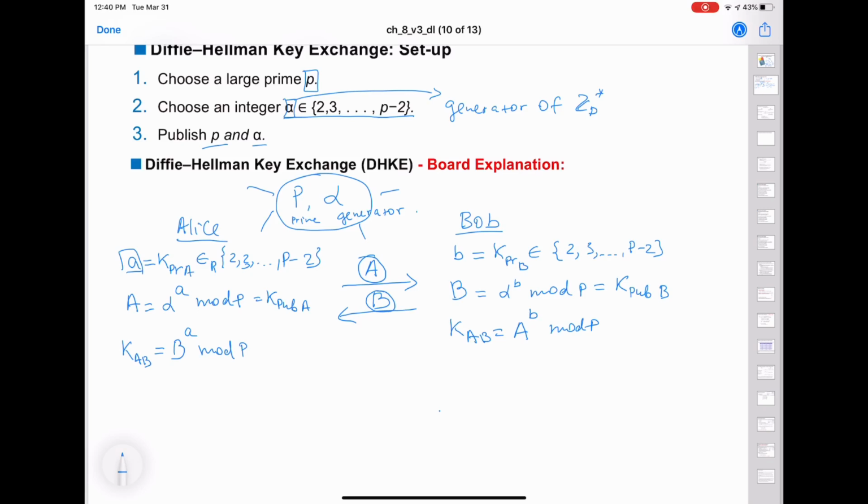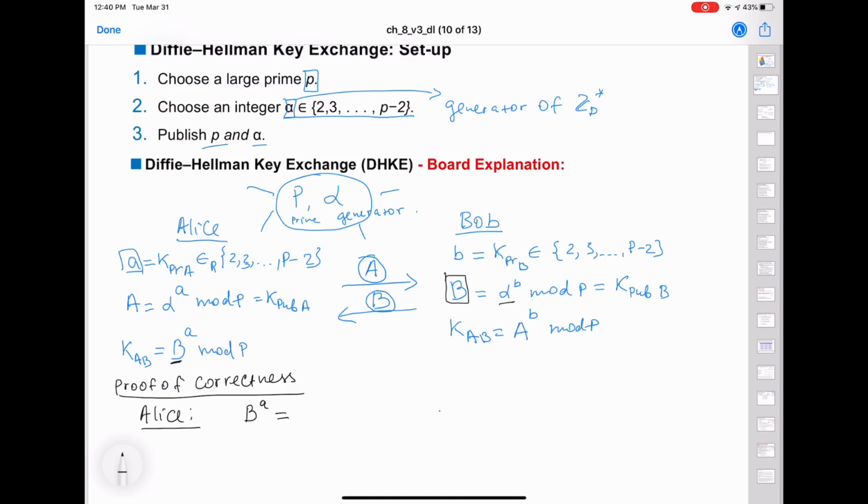Now let's make the proof of correctness. What does it mean, proof of correctness? What did Alice calculate? Alice calculated B to the power of a. How was capital B calculated?